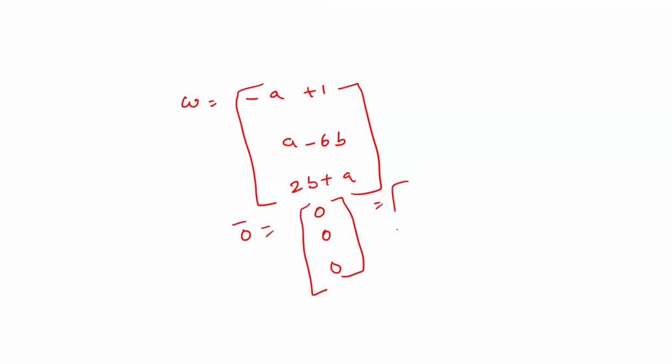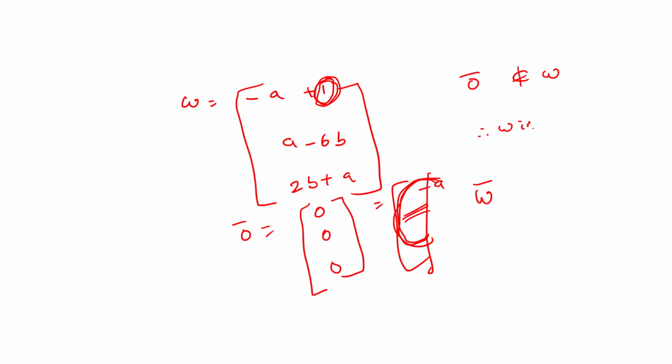See, the first entry is -A + 1. If I put A = 0, B = 0, everything becomes 0, but here 1 is left over. So (0, 0, 0) does not belong to W. So the zero vector does not belong to W. Therefore, W is not a subspace.